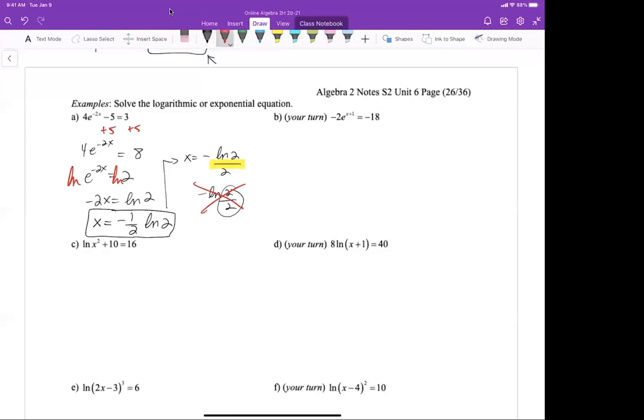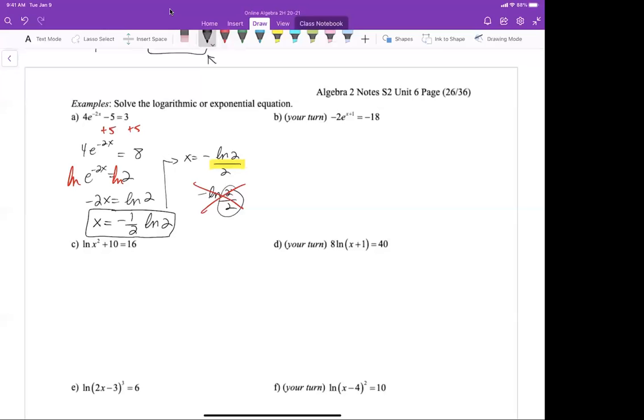Okay, so be very careful to ensure that you are crystal clear about what's being divided, not just the 2 divided by 2, but the entire natural log of 2, or better yet, pull your fraction out so we know we're multiplying that by 1/2. Okay, hope that makes sense. Okay, your turn.